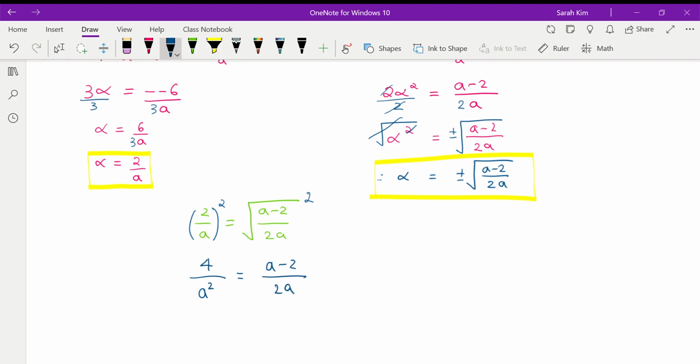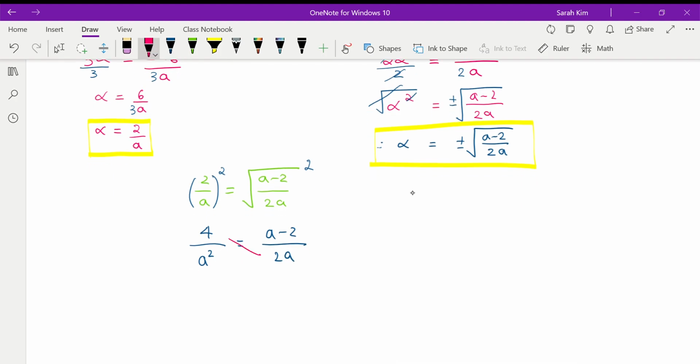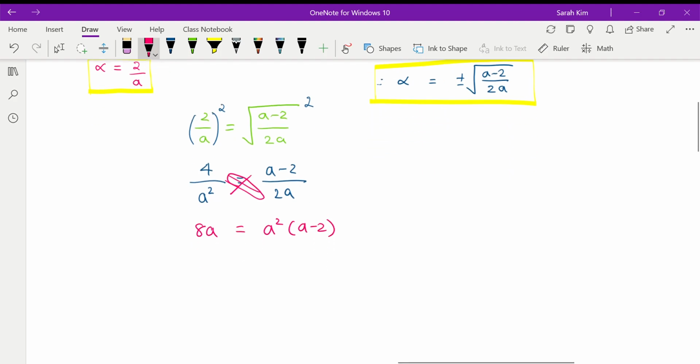Now that I have a fraction equals a fraction, I'm going to cross multiply. So I should have 8a, if I use this diagonal, equals a squared bracket a minus 2. So I'm going to have 8a equals a cubed take 2a squared.